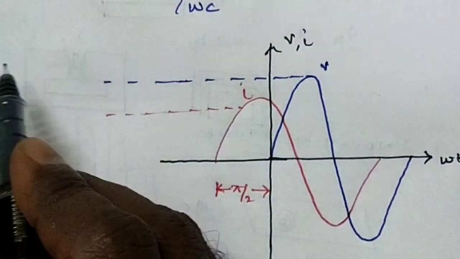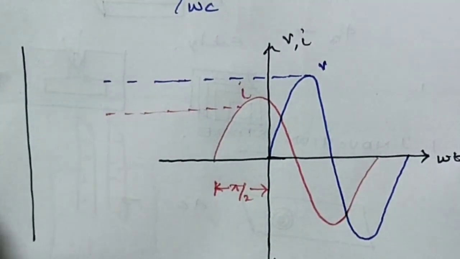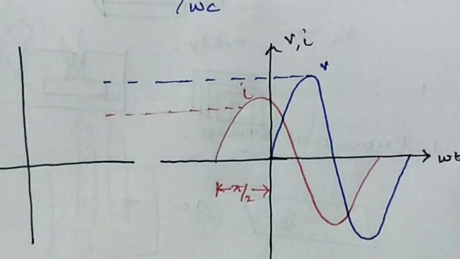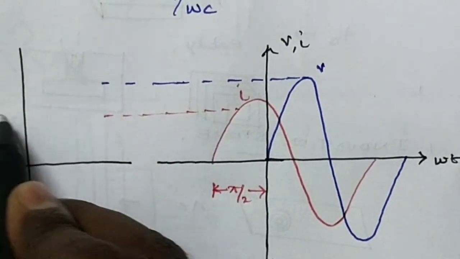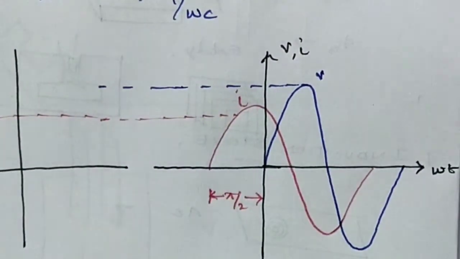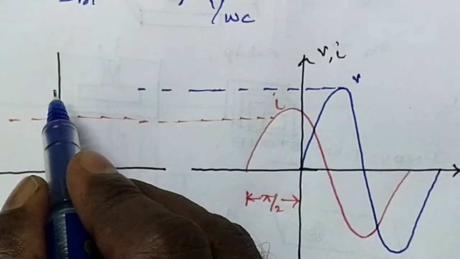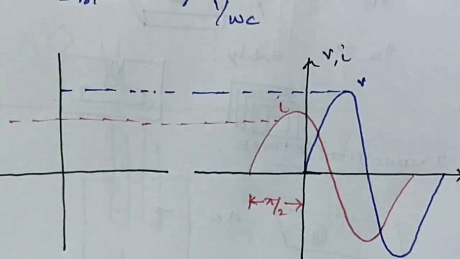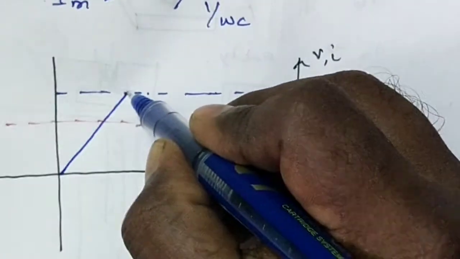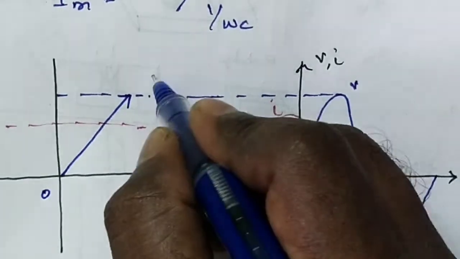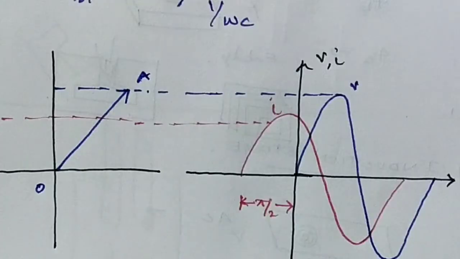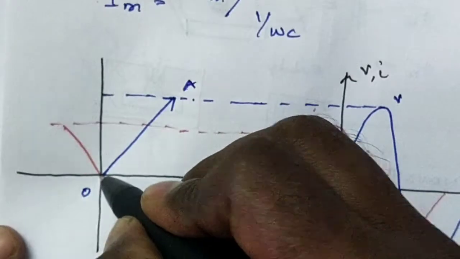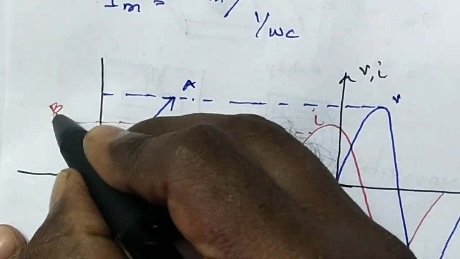Now drawing the phasors, write down OA and OB. OA is Vm. OB leads by 90 degrees.